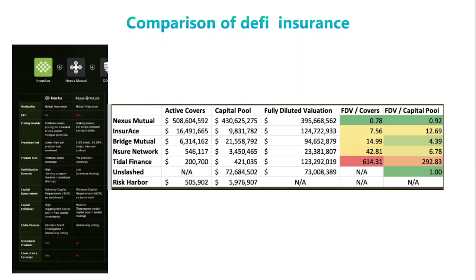Nexus Mutual is structured as a DAO, and it's wholly owned by its members. The members are the risk assessors and the claim assessors, and are incentivized via staking rewards for being a risk assessor and a claim assessor. If you understand what I'm saying, you're pretty much incentivized to do the right thing.